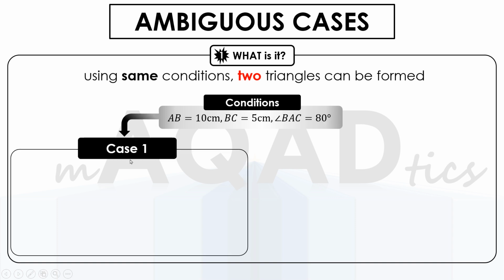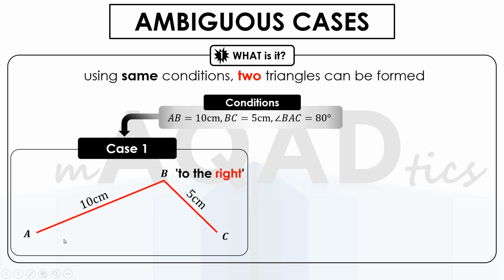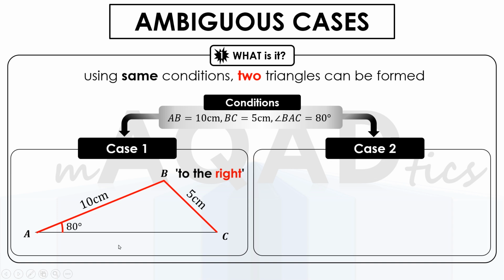For the first case, let's draw out the line AB first, which is 10 cm. Then for line BC, I draw to the right. And when I draw ABC, I'll make sure angle A is 80 degrees. So this is the first case. The second case would be, line AB I maintain, but for this case, line BC I draw to the left.